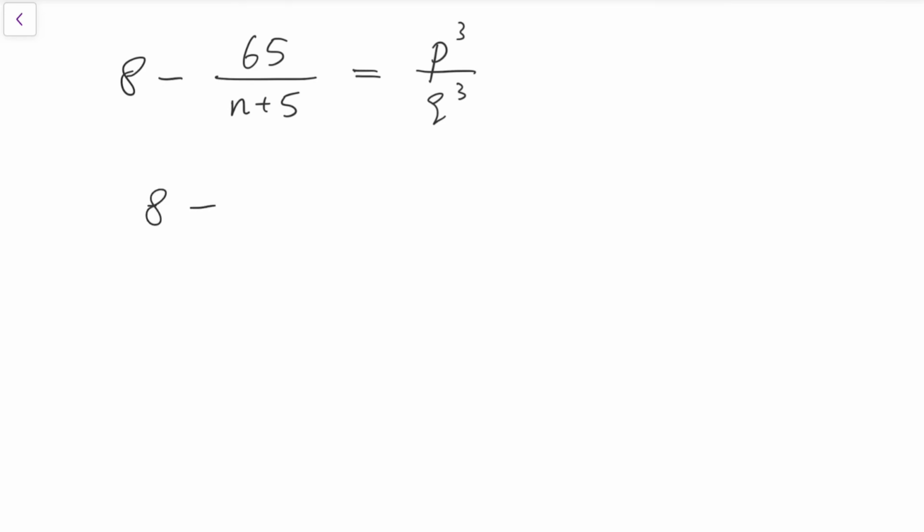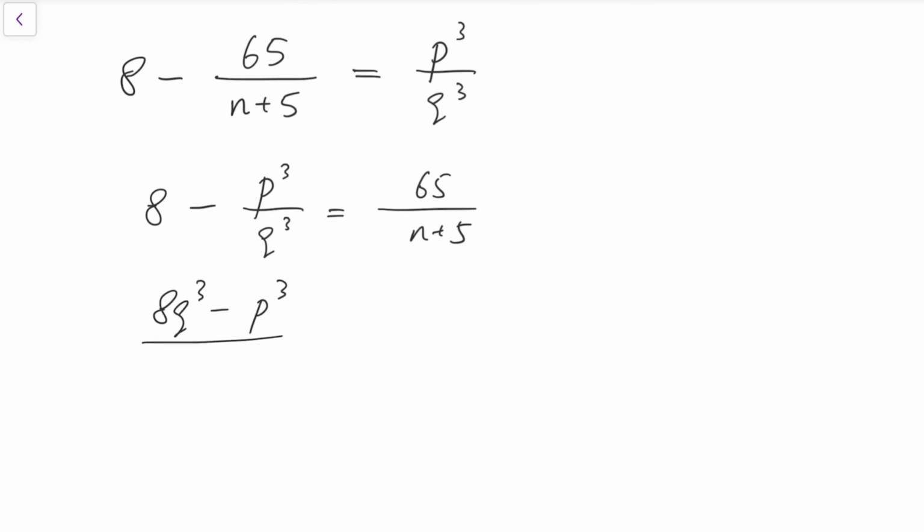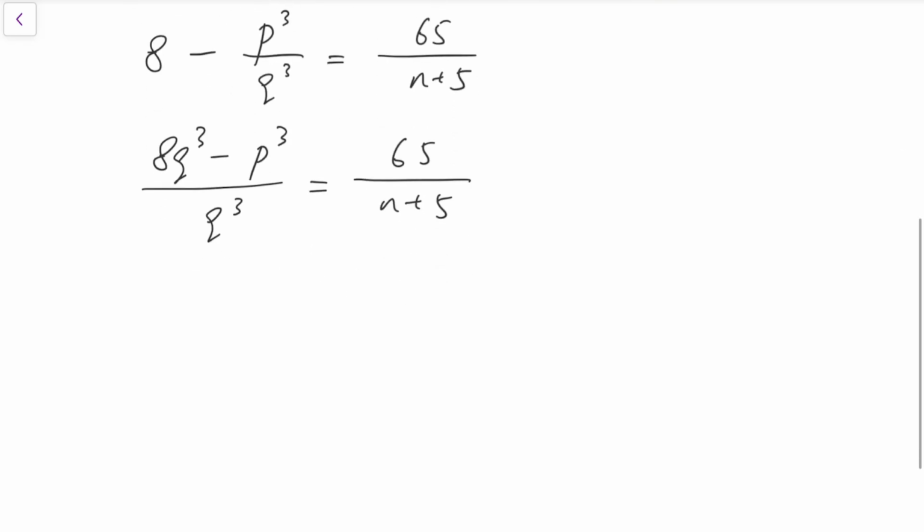Then moving the p cubed over q cubed to the left and 65 over n plus 5 to the right, and simplify, cross multiply. We will have 65q cubed equal to (n plus 5) times (8q cubed minus p cubed).